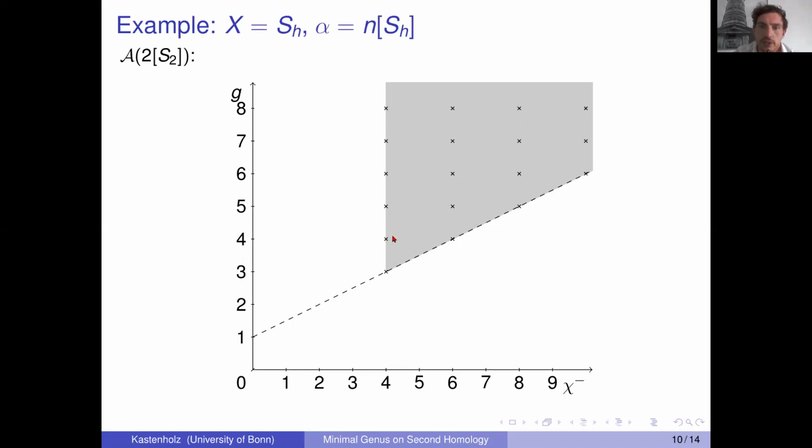And the point above that, for example, is given by either taking 2 disjoint copies of the surface of genus 2, or taking a surface of genus 3 and adding a torus, on which the map is not homotopic. And of course, for other multiples or other H, this will always look similar. It will always be a cone.